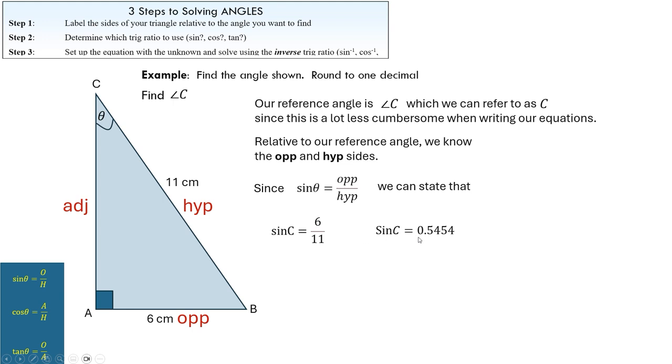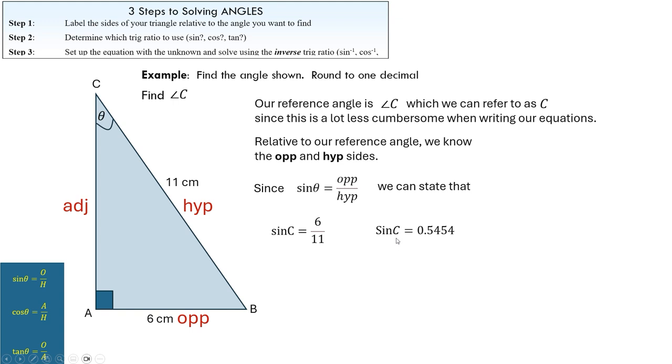We want to get this in decimal form because we'll be punching these numbers into a calculator, and this is just easier to reference. So we can make a statement that says the sine of angle C equals 0.5454.